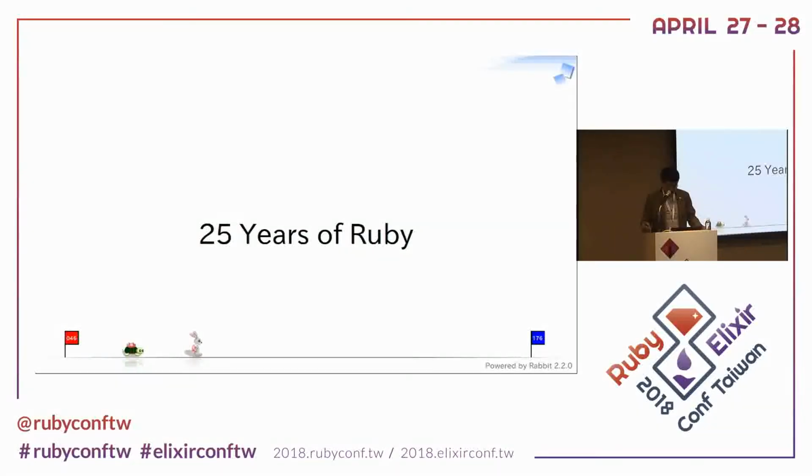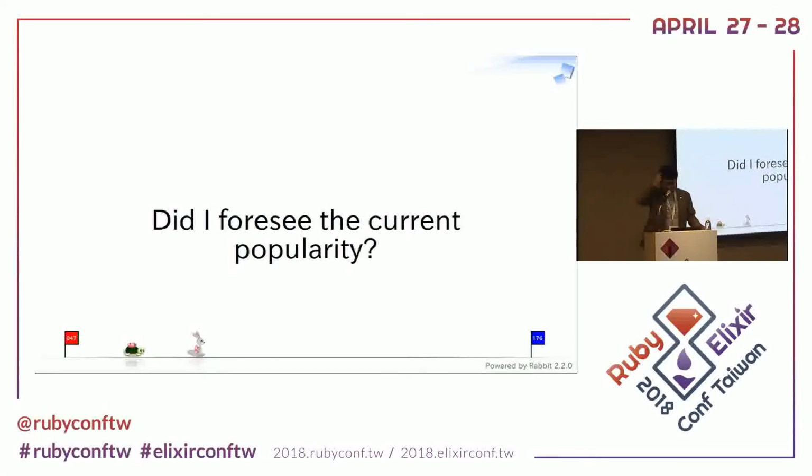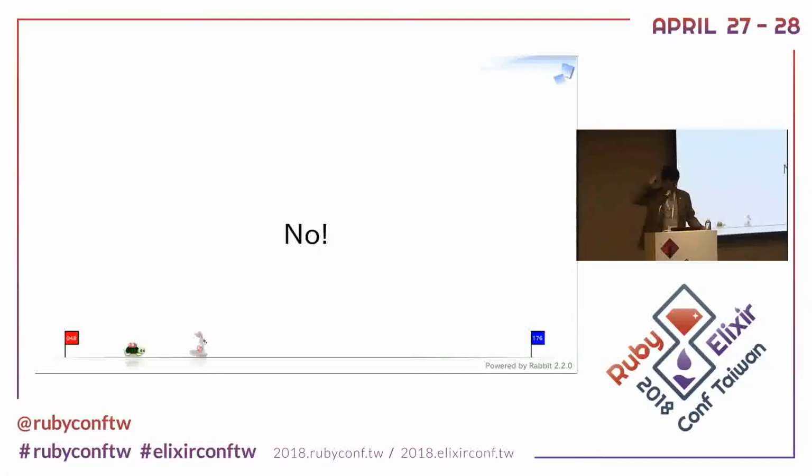So 20 years have passed in the history of Ruby. Did I foresee the current popularity? Of course not. Back then on the internet, we didn't have the web. Actually there was a web in Switzerland somewhere, but it was not popular. Very few people used that.